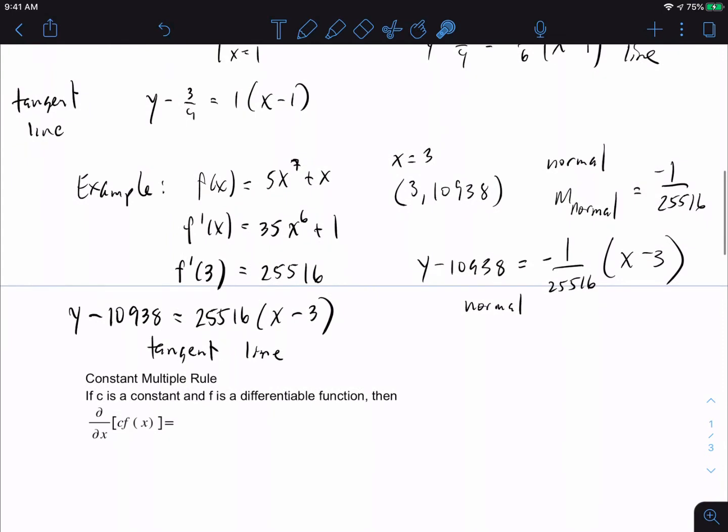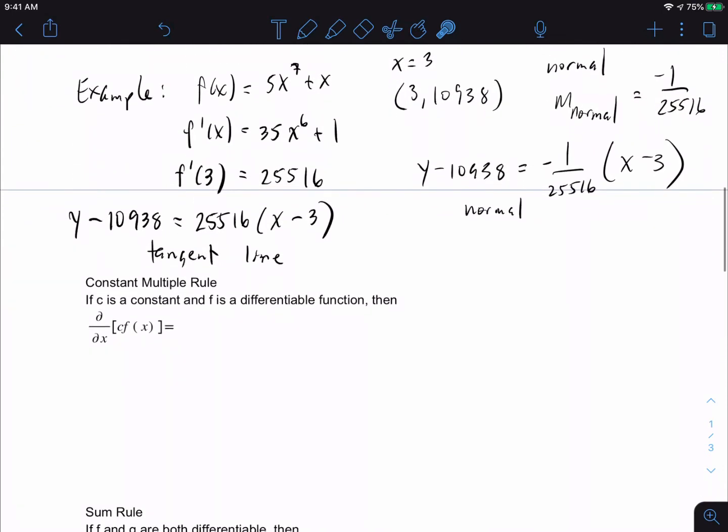Okay. Something that we pretty much already did. When we have the derivative of a constant times a function, that's the same as the constant times the derivative of the function, which we did in that previous example.